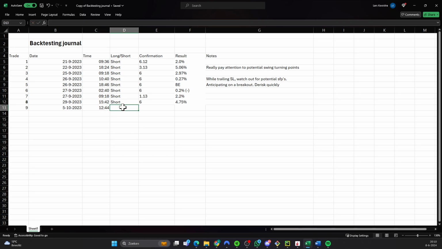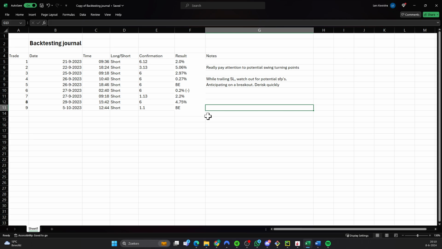Again, a short. This was a Model 1.1. And that's it. Nothing special. Break even.